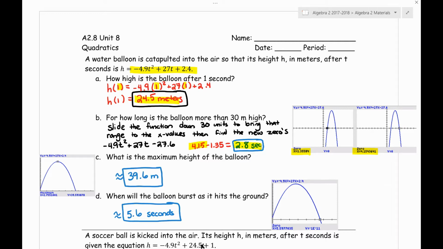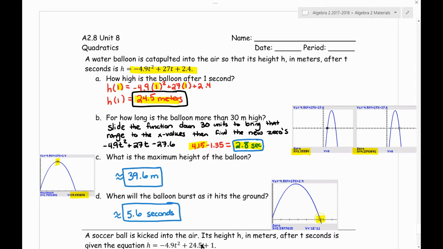Now, in part C, you want to find the maximum height of the balloon. So you need to find the maximum, and you get about 39.6 meters for the maximum. Now, I want to know, when's the balloon going to hit the ground? When's it going to pop? It pops when it hits the ground. So when will that happen?